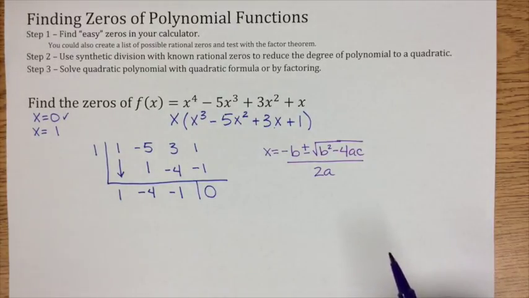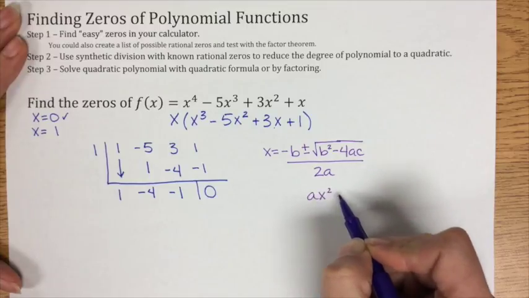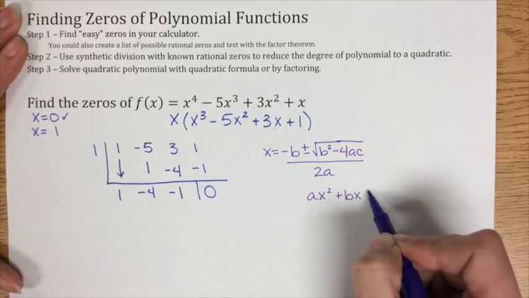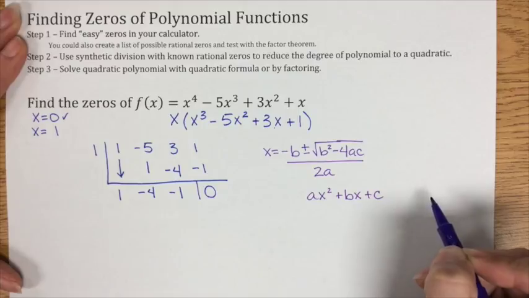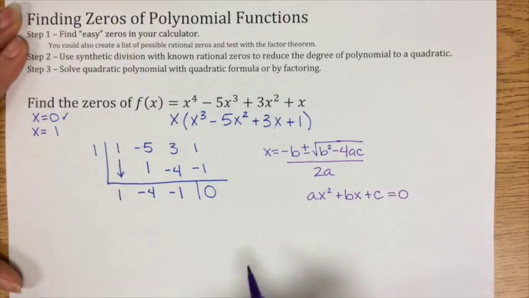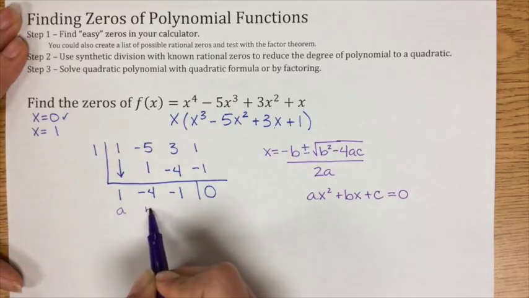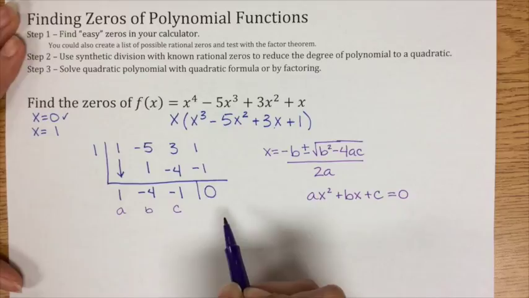Now, what does the a, the b, and the c stand for? Well, if you think about the standard form of a quadratic, you'll remember it is ax squared plus bx plus c. And when we're solving quadratics, we set that equal to 0. Right here is your a, right here is your b, and right here is your c.